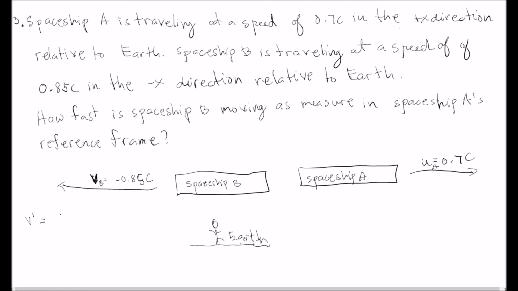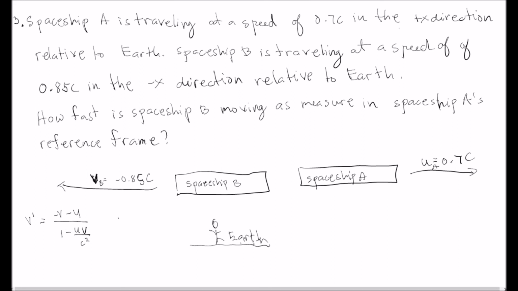Since B here is moving in the negative direction, we have v minus the speed of the moving frame, which is spaceship A, over 1 minus u v over c squared.